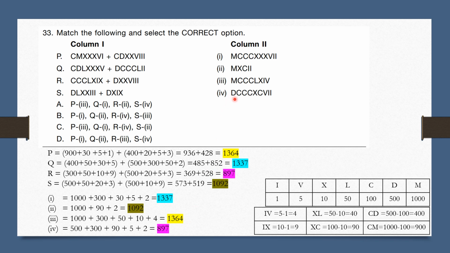D equals 500, triple C will be 300, XC equals 90, V is 5 and II is 2. So total is 897. So P is 3, Q is 1, R will be 4 and S will be 2. So correct answer is option C.